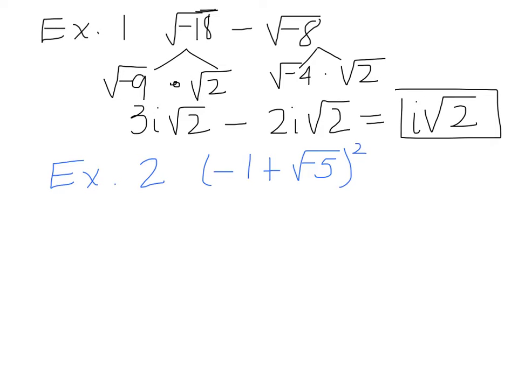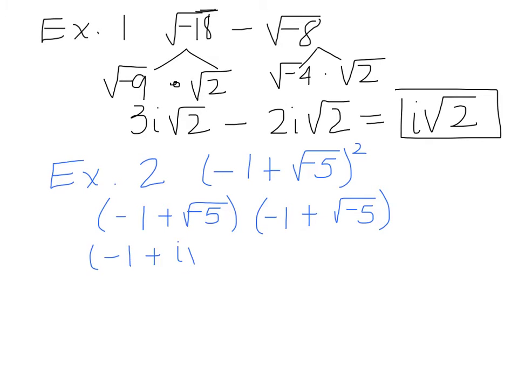All right, so when you see the square, that means you write it twice. And before you get ready to multiply, you have to simplify. This is i square root of 5, because you can't have a negative. And then you can FOIL it.